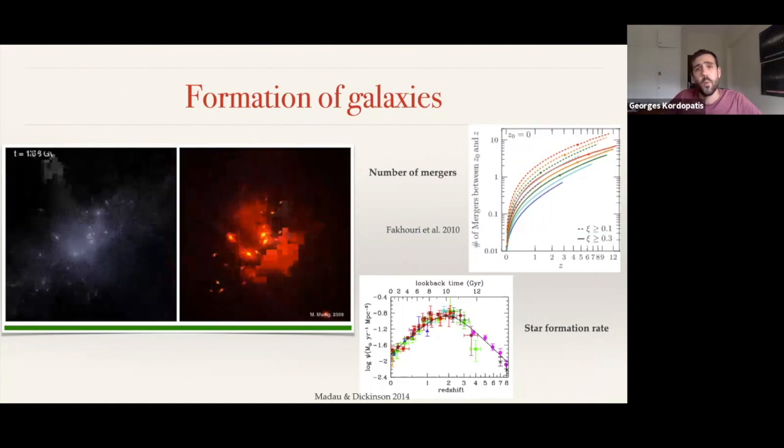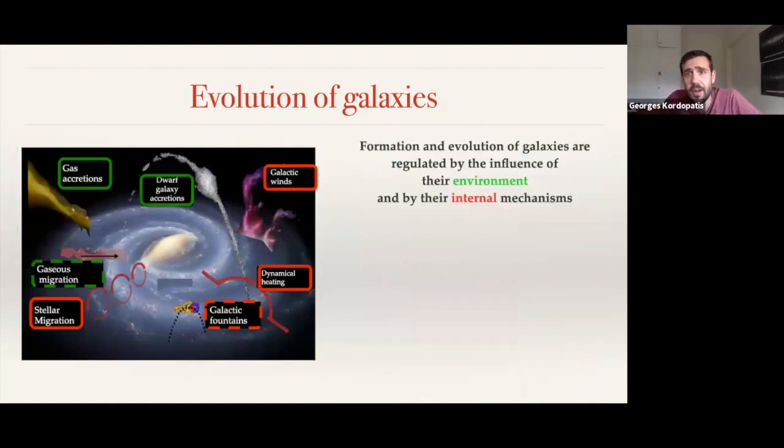And so what we know about galaxies, therefore, is that their evolution is regulated both by their environment, whether it is gas accretions, accretions of dwarf galaxies that can bring both stars and gas, or gaseous migration in the form of cosmic filaments.